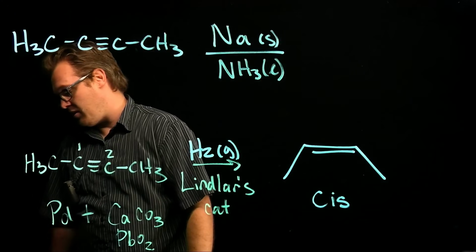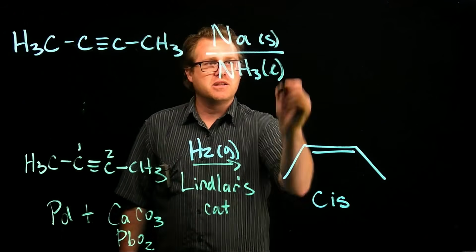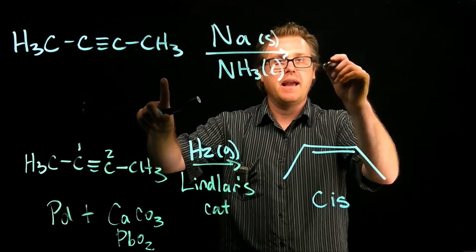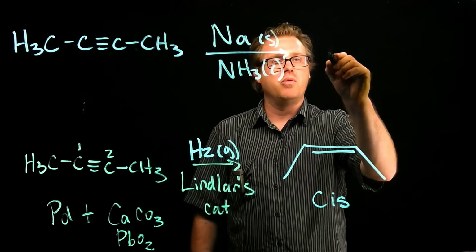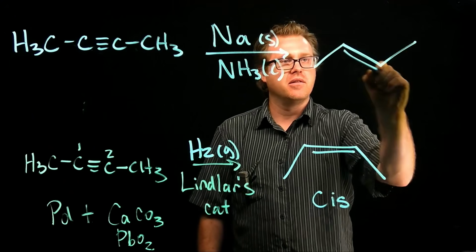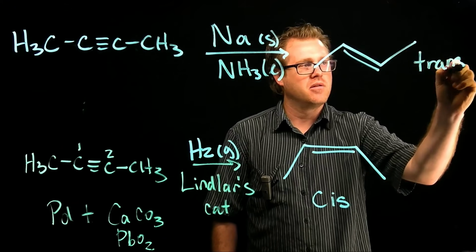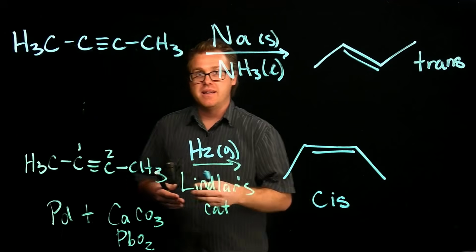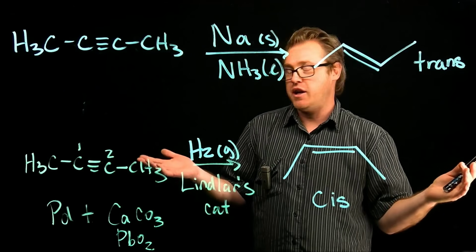And in order to do liquid ammonia, you have to get this pretty cold. So it's going to be a cold reaction here. And look at this, this is so cool. This is so fun. It is going to stop at the alkene as well. But where does it stop, or what's the stereochemistry? It is going to give us trans.